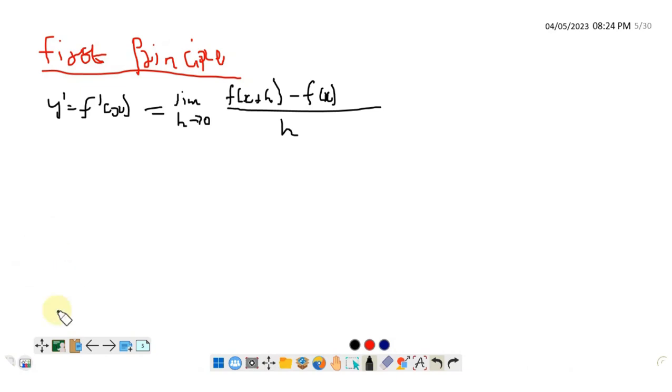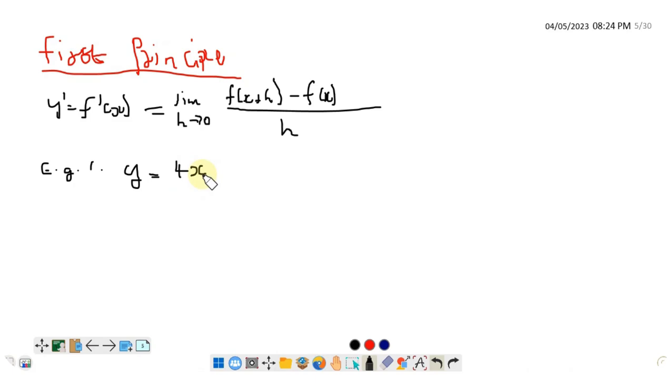When you have a function, say for example, example 1, they say find the derivative of a function using first principle. They say y is equal to 4x.